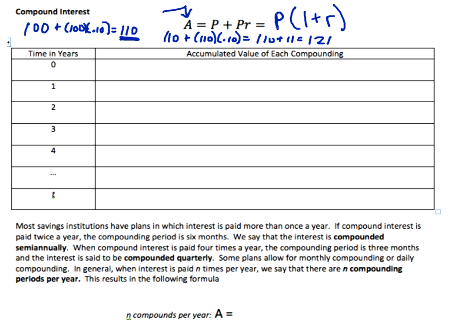At 0 years, we have just our principal. We haven't accumulated any interest. After 1 year, we have our principal plus the interest we gained on that amount, which is our principal times our rate. And as I told you before, that can be factored as P times 1 plus R, if you factor that P out front.